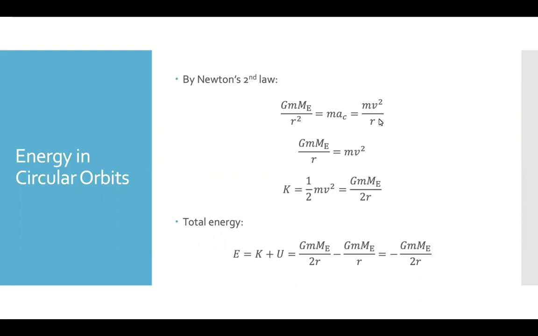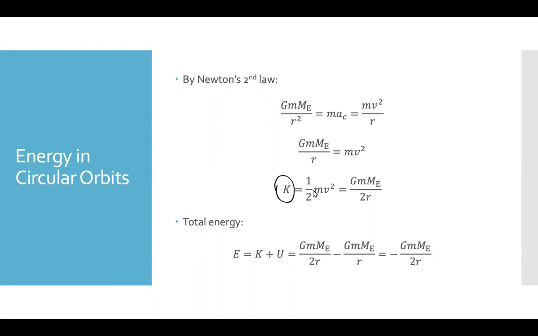Okay. And then we go ahead and solve this out for mv squared. And from there, we can find our kinetic energy in circular orbits.